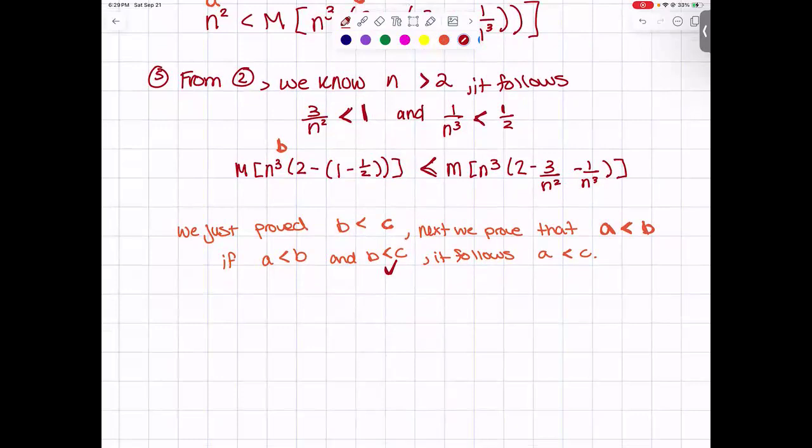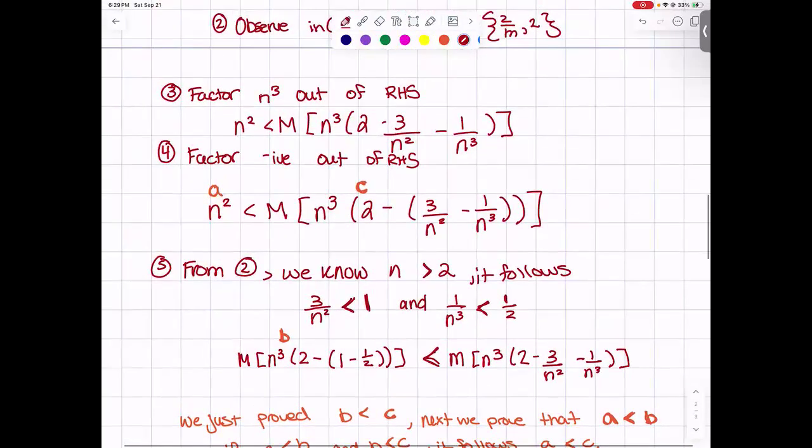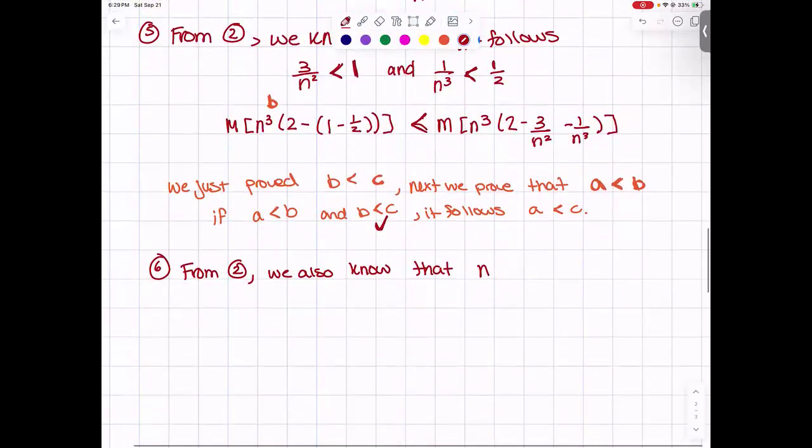So right now, we're going to go to step 6 here. From step 2, we also know that n is, what was our original, let n be greater than 2m. n is going to be greater than 2m, right?